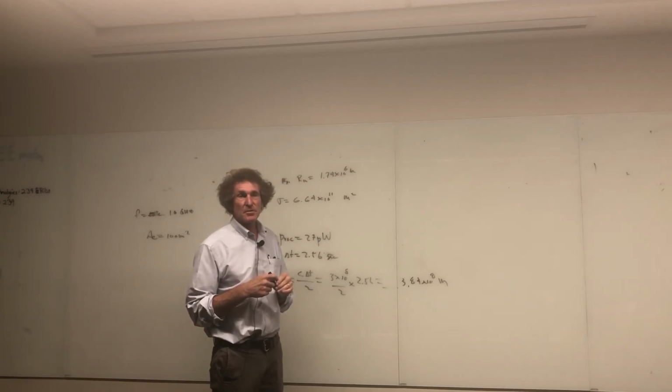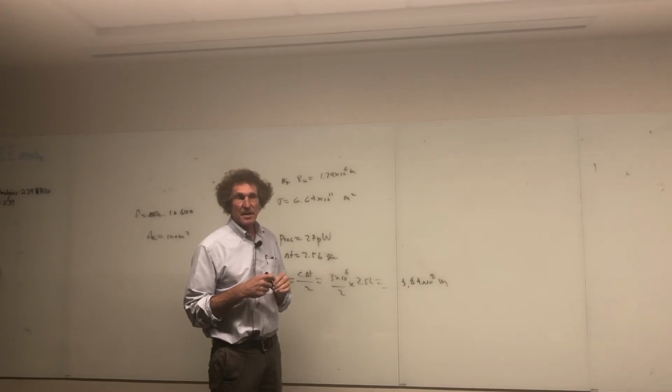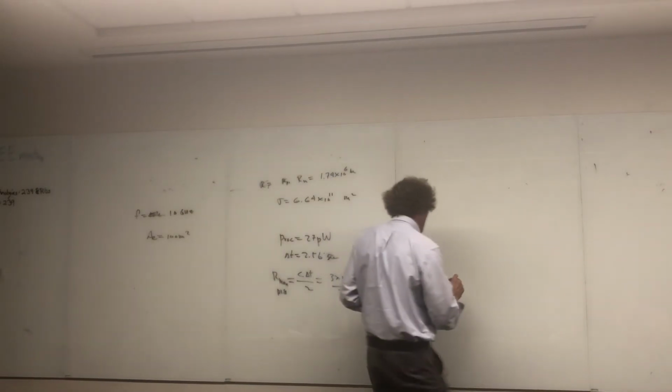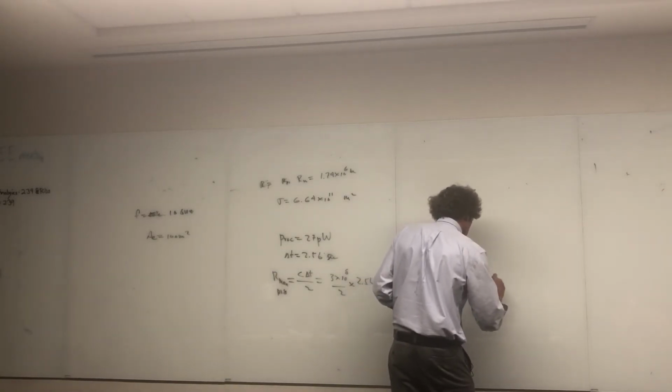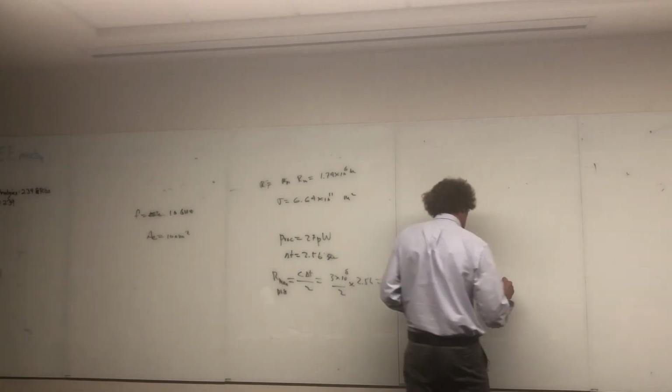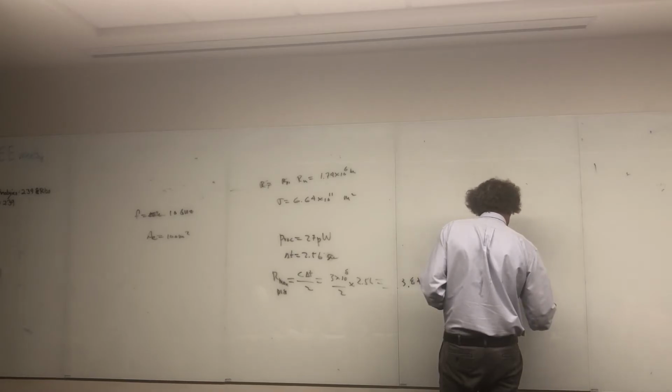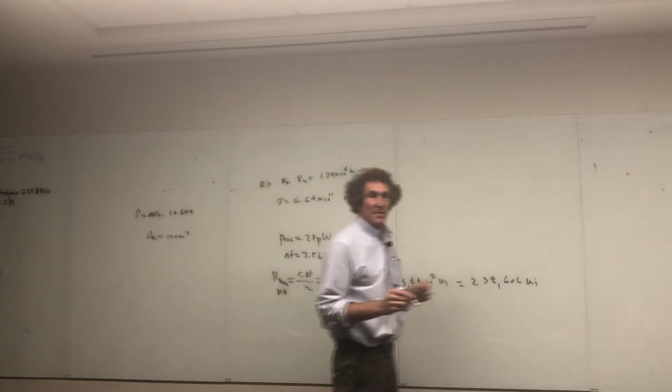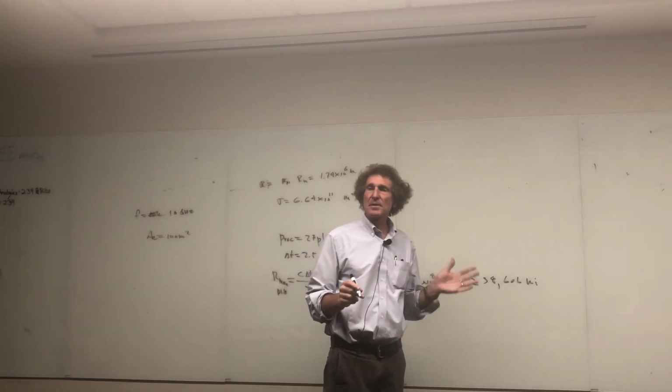I want you to know this number because it's something that you should have a perspective on as engineers. Anybody? 238,606 miles. I think the distance to the sun is 93 million miles.